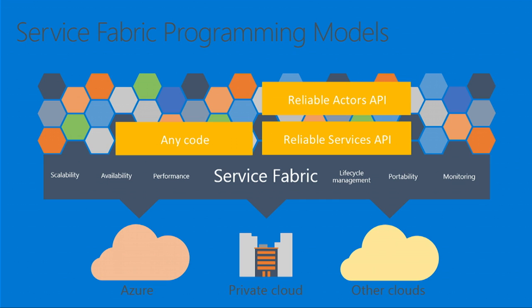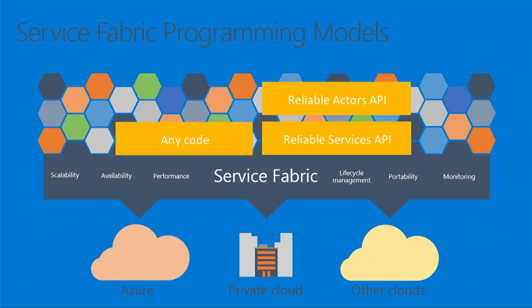AnyCode means that you can deploy applications which you've written in Node.js, say, that also use MongoDB, and host them in Service Fabric, so that you can take advantage of the management capabilities of Service Fabric. But if you are ready to dive into more detail and use all the power of Service Fabric, then we provide you 2 programming models: the Reliable Actors programming model, and the Reliable Services programming model.